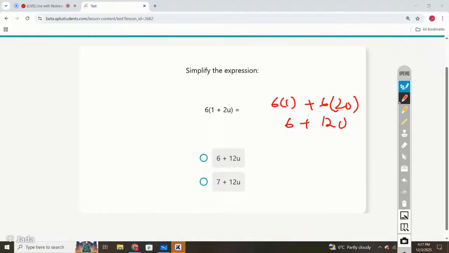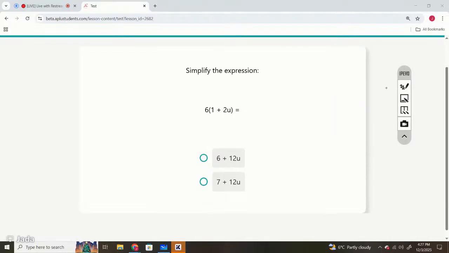That is 6 plus 12u. Option number 1 is the correct option.